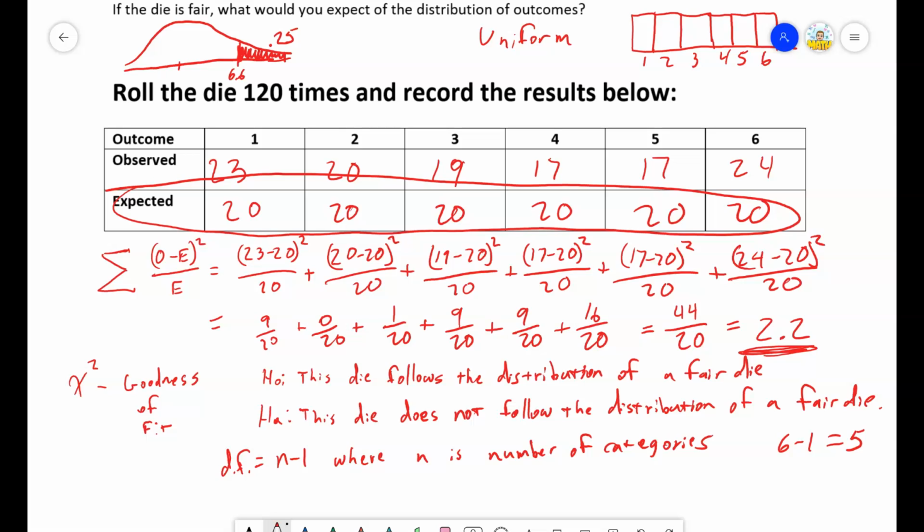Well, the area to the right of 2.2 then would be much bigger than that. So it tells me my p-value for sure is greater than 0.25. Okay, but we can get a precise p-value. I'll show you how that works on our calculator in a minute.